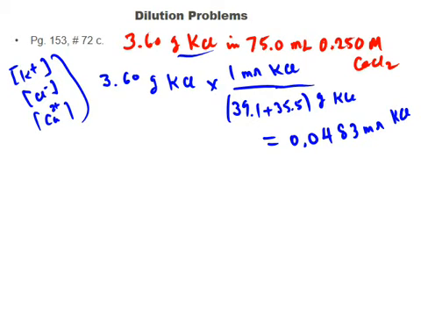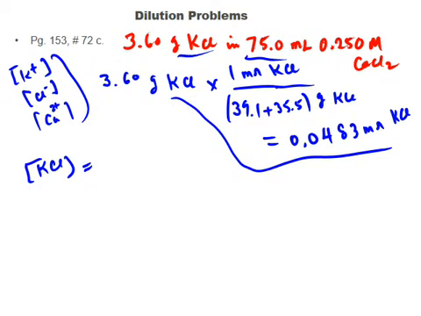Now the volume is 75 ml because solid was added to 75 ml of calcium chloride solution. So what is the concentration in molarity? Molarity of KCl will be given by moles of KCl divided by liters. We already got moles, 0.0483, and we know it's 75 ml.